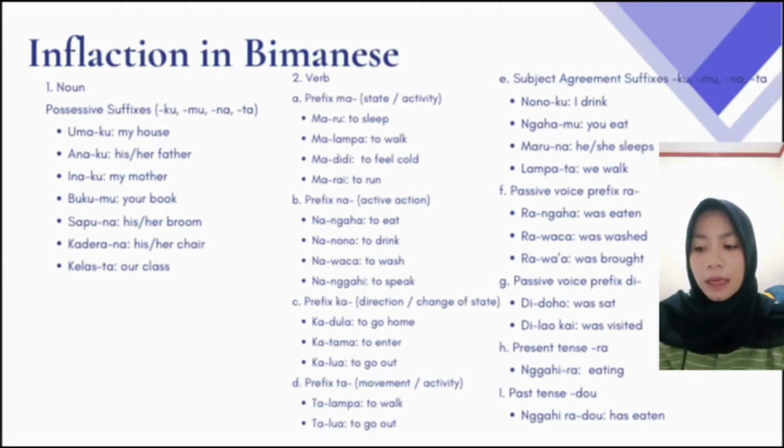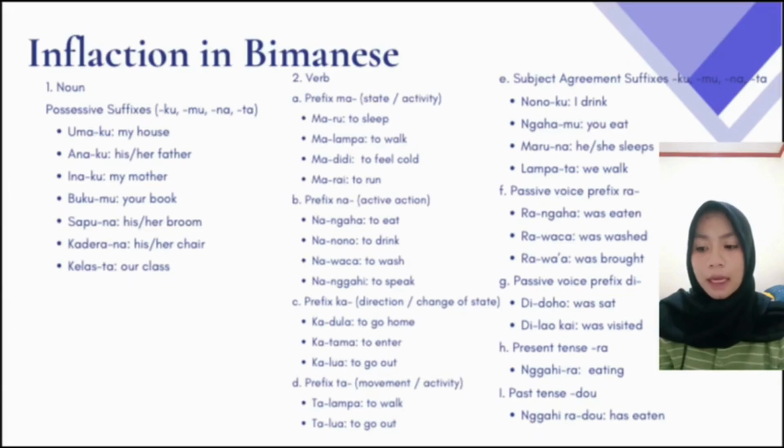And then prefix na. The prefix na indicates an active and intentional action. For example, nangaha means to eat, and nanono means to drink. And then prefix ka. The prefix ka is used to express movement toward a direction or a change of condition or state.